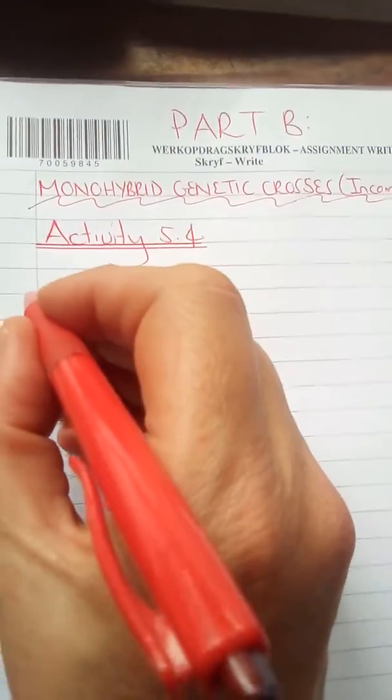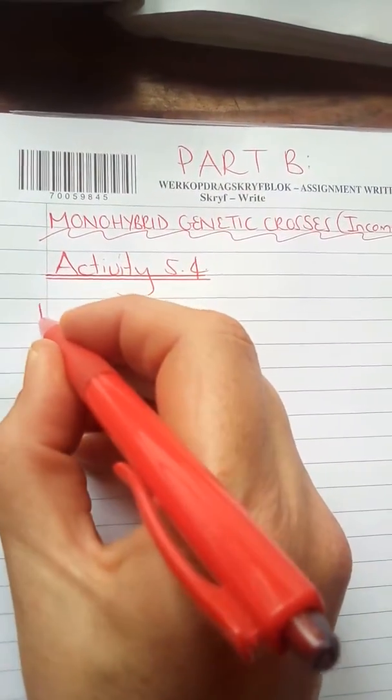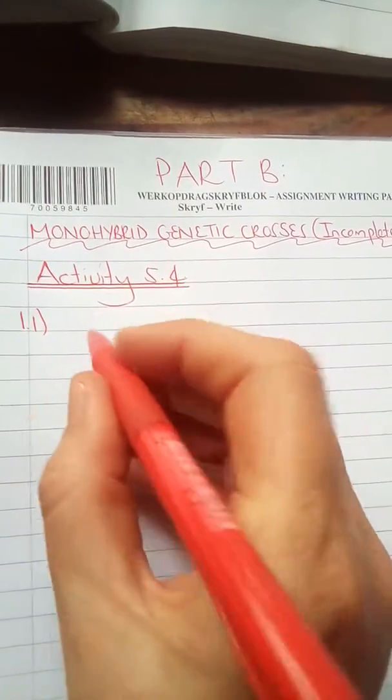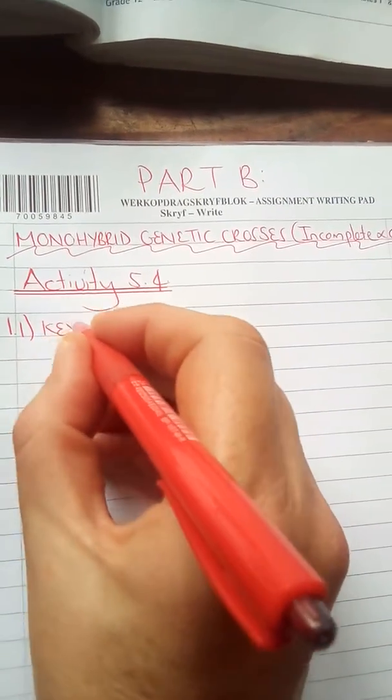Right. So that is 1.1. We will have a key first.